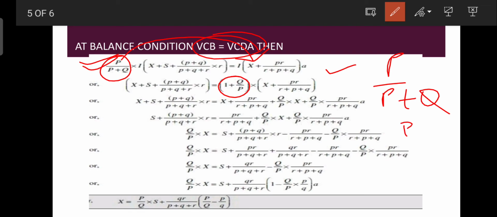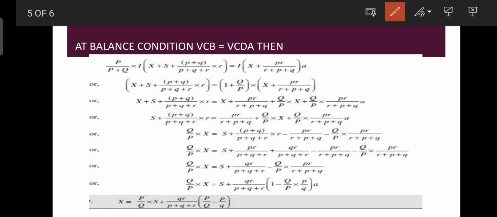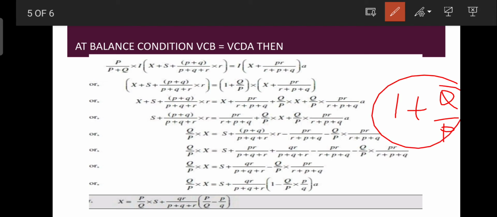Then it becomes (P plus Q) divided by P, that is P by P plus Q by P. P cancels, and the only term left is 1 plus Q by P, into X plus PR divided by (R plus P plus Q). Now open this bracket and multiply.